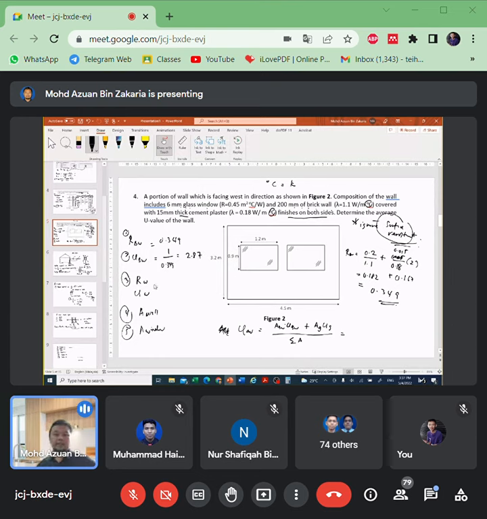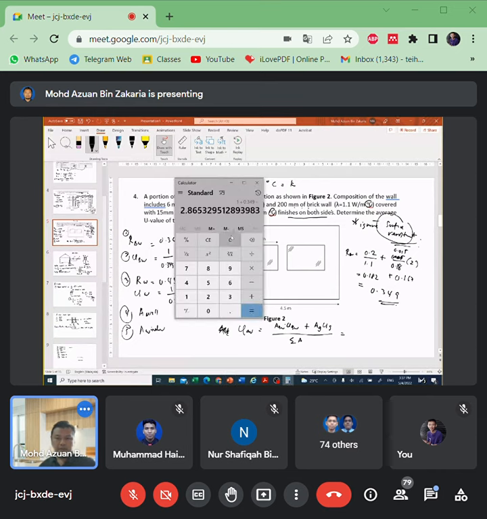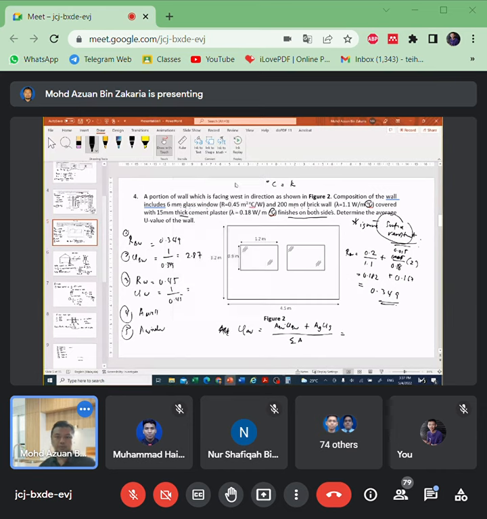And then the window's R value is 0.45, already given. So U value is 1 over 0.45, which is 2.22. So U value is 2.22.